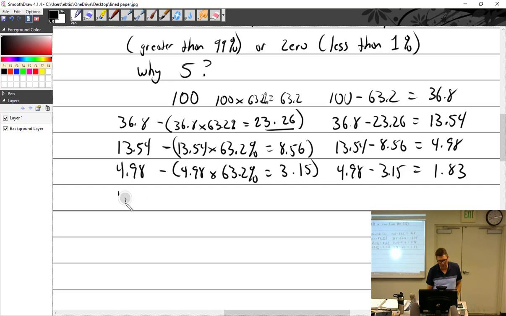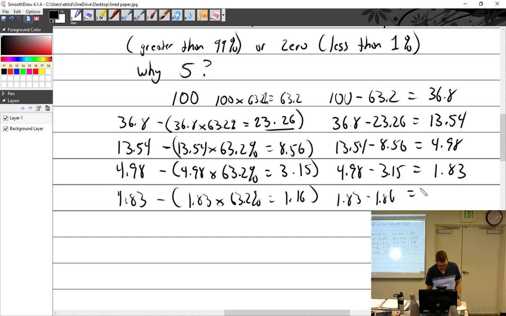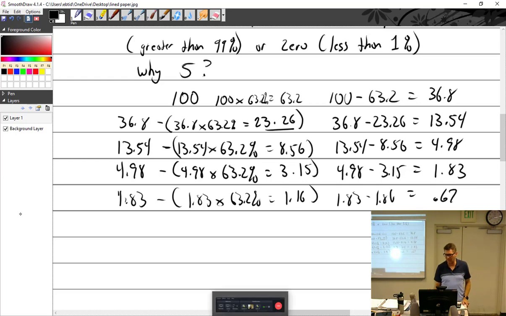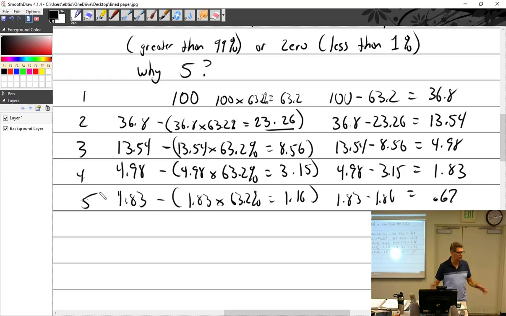All right, now we have 1.83 left, and we're going to subtract 1.83 times 63.2%, which equals 1.16. So 1.83 minus 1.16 equals about 0.67, which is less than 1%. So how many time constants did we take? 1, 2, 3, 4, 5 time constants.